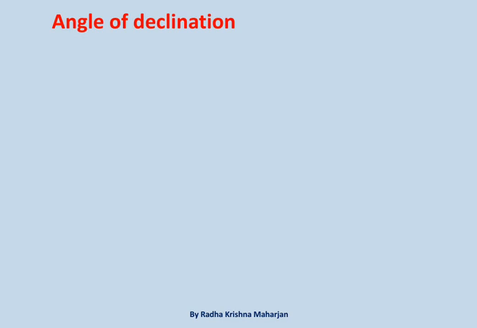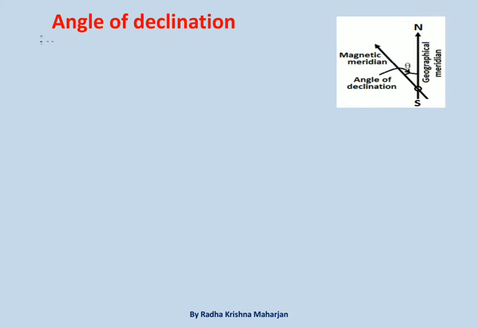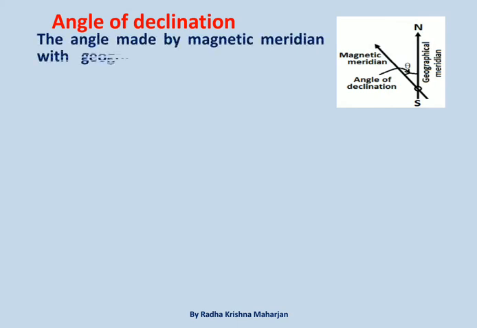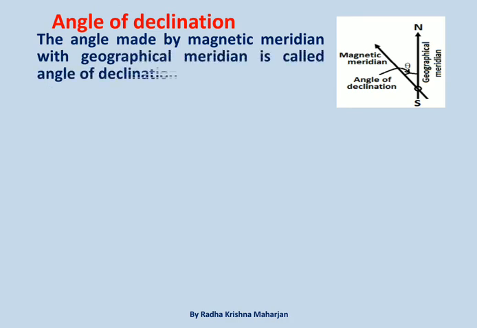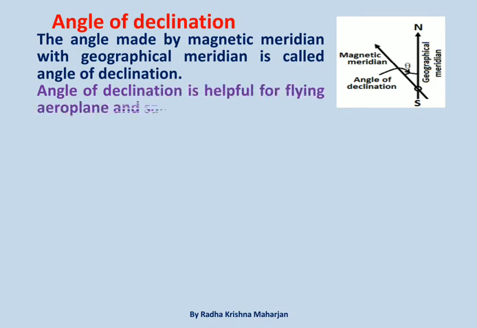Angle of declination. The angle made by magnetic meridian with geographical meridian is called angle of declination. Angle of declination is helpful for flying aeroplanes and sailing ships.